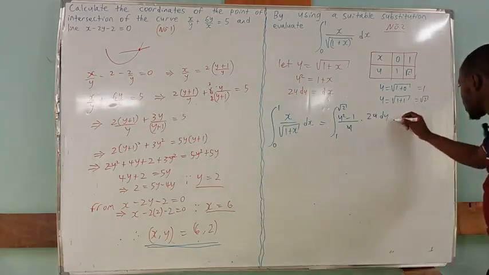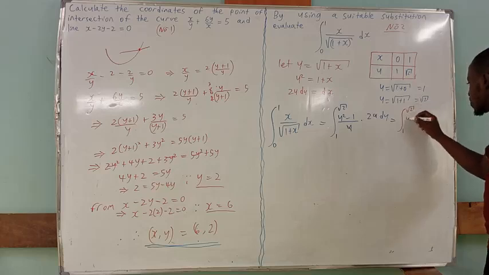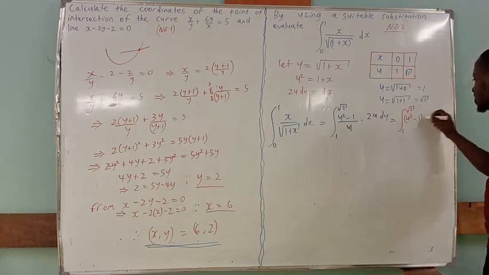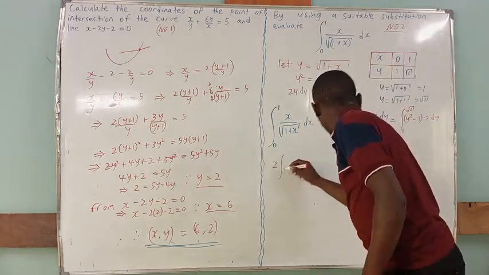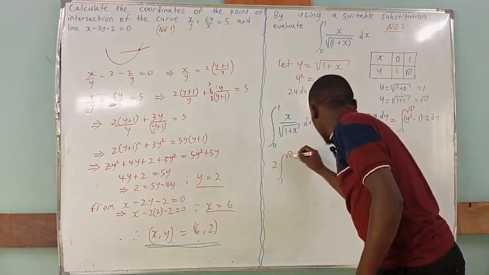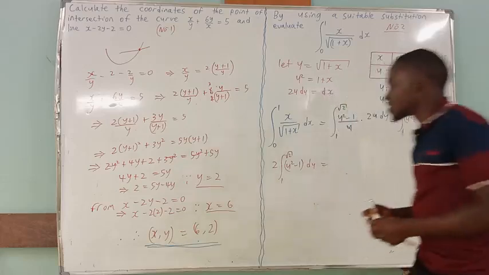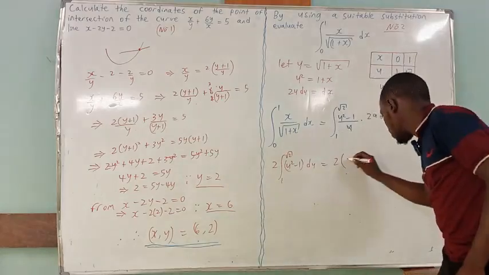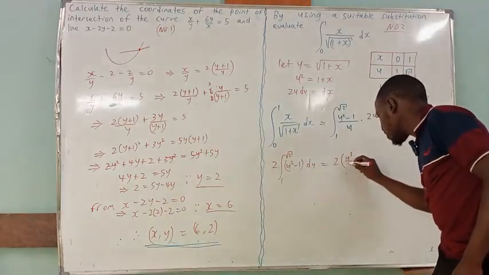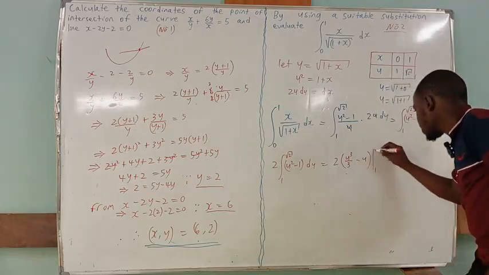So this integral becomes the integral from 1 to root of 2 of u squared minus 1 times 2 du, which is the same as 2 times the integral from 1 to root of 2 of u squared minus 1 du. Then you integrate from there. You get 2 into, if you integrate this, u cubed over 3 minus u. Then you put limits as 1, root 2.